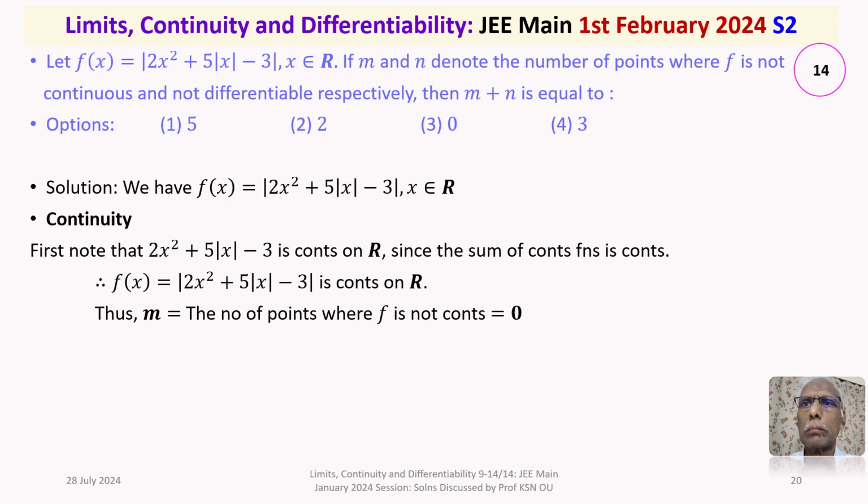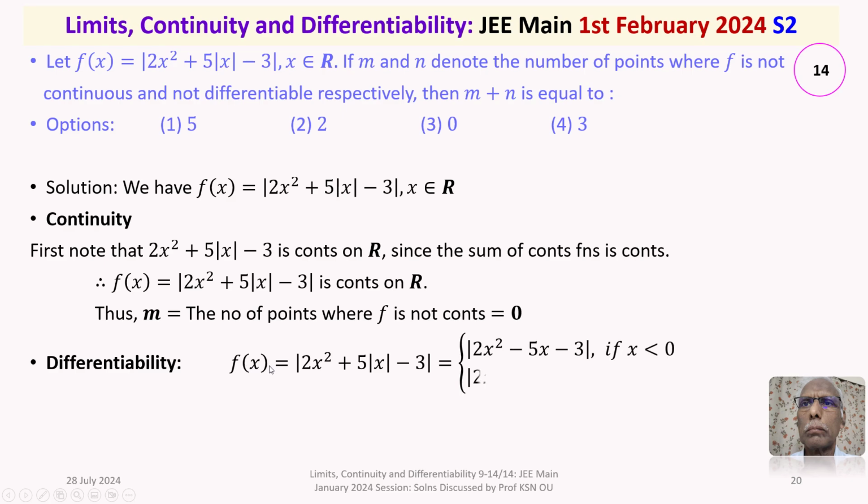So now the question is to talk about its differentiability. Right. So f of x, we write it as mod of 2x square plus 5 times mod x minus 3, and write it as two expressions like this. When x is negative, mod x will be minus x.